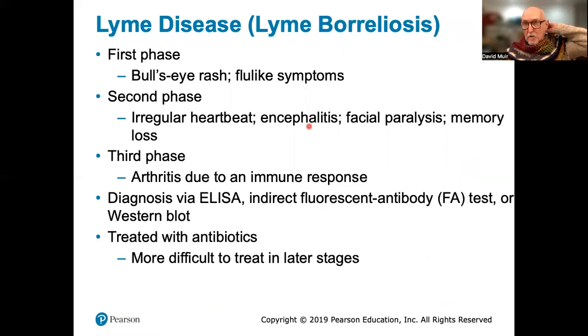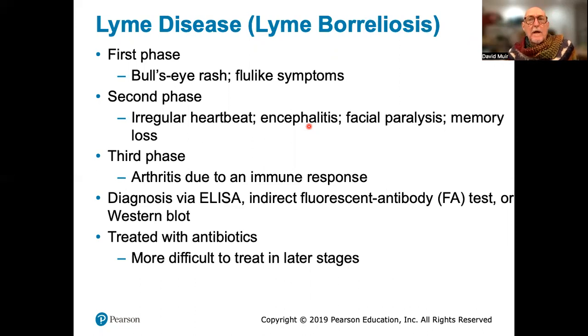This eventually becomes systemic, and it causes a variety of symptoms. In many people, it's really mild and self-limiting, and some people wouldn't even go to a doctor or anything. It would pass off by itself.